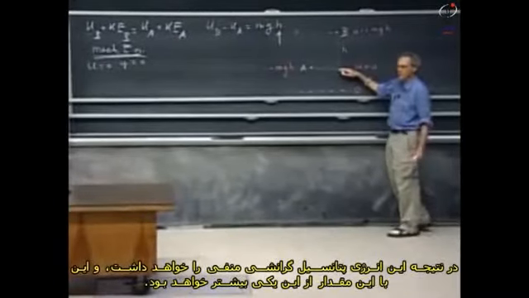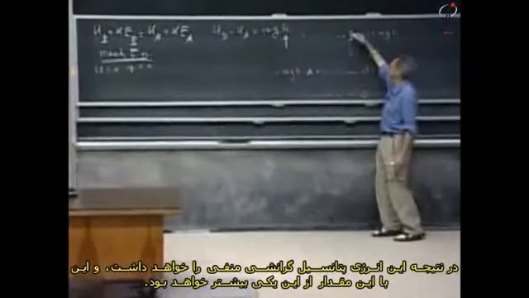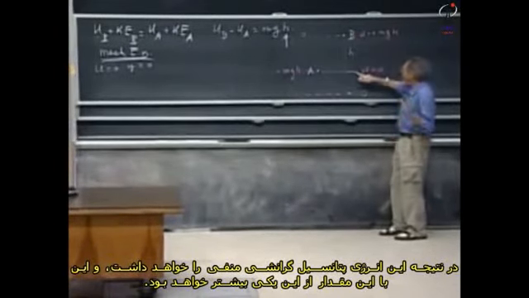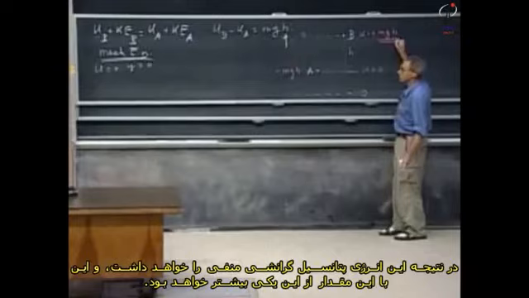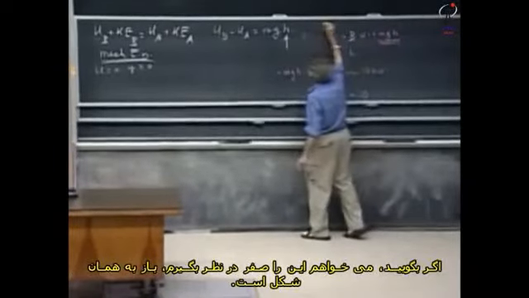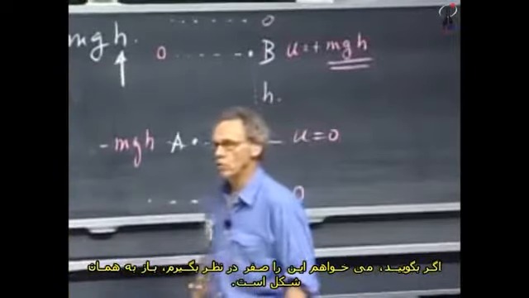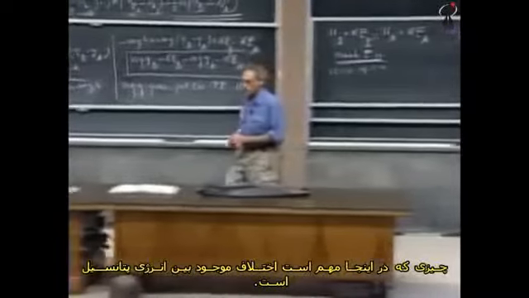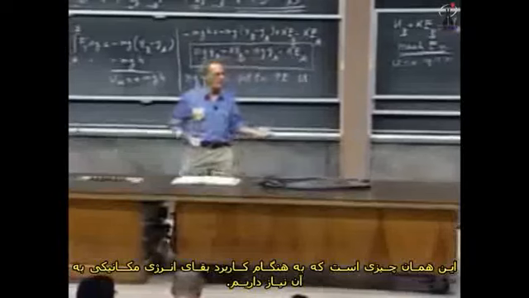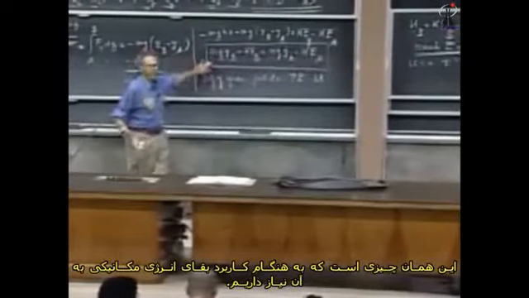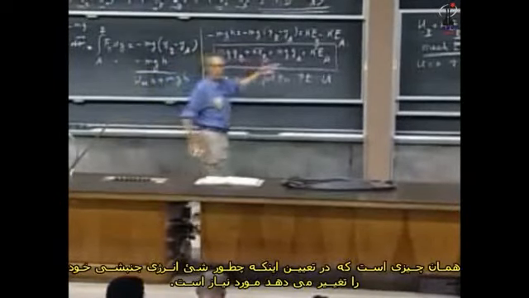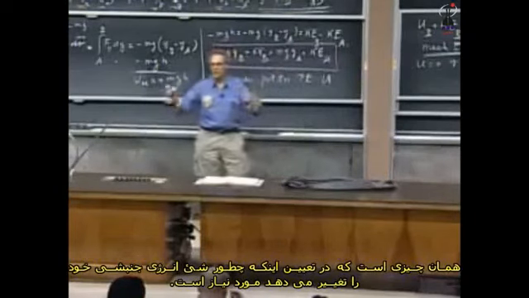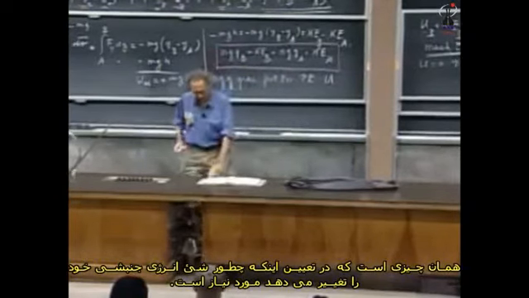Then this will have a positive gravitational potential energy, and this will have one that is higher than this one by this amount. If you say, really, I like to call this 0, of course the same holds. What matters is the difference between potential energies. That is what we need when we apply the conservation of mechanical energy. That is what we need in order to evaluate how the object changes its kinetic energy.